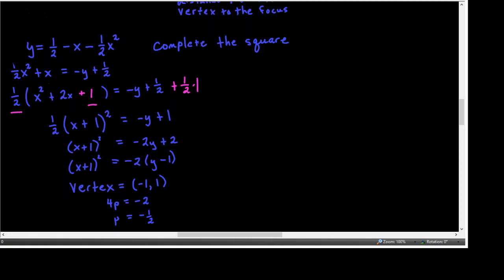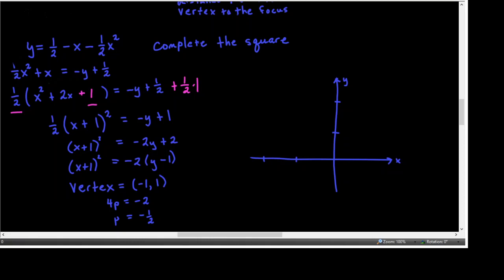So, now that we have this in standard form and we've identified those two pieces, let's draw a graph. And I'll show you how the p is used in graphing and how we can make a pretty decent graph with the information we have.